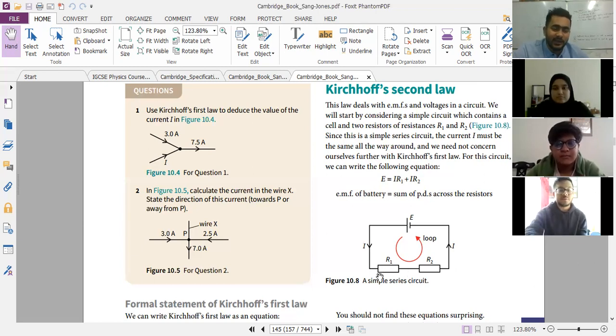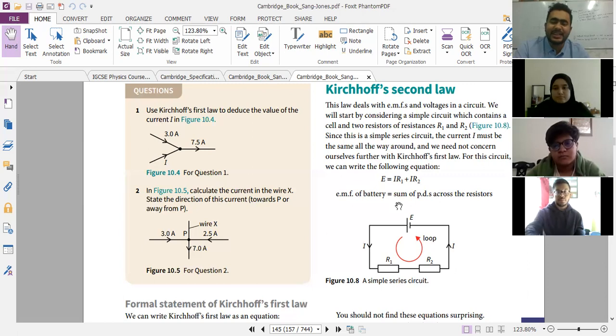Because of Ohm's law, V equals IR. So I into R1, the resistance is R1, so we wrote IR1. Then what will the voltage across this be? IR2. Why not I2 R2? Because I is the same. The I for R1 is the same I for R2. Thereby it is IR1 plus IR2 equals E. Clear?